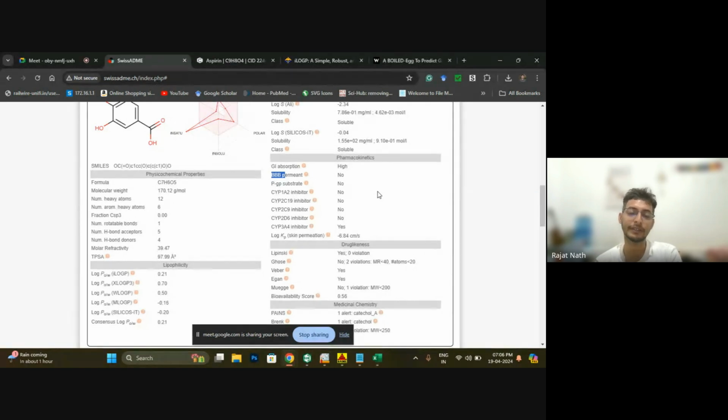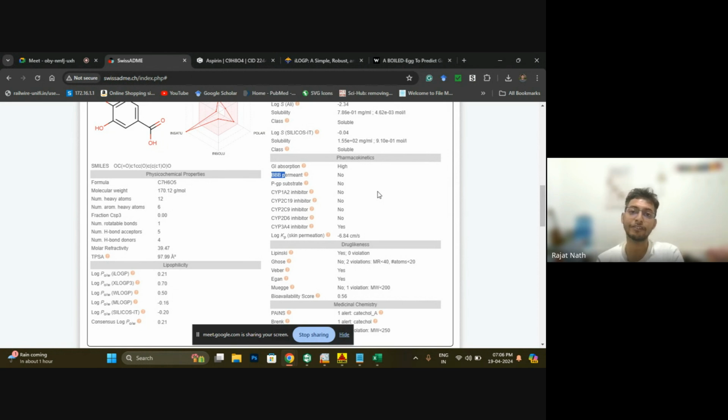If your compound is permeable to the blood-brain barrier and is a PGP substrate, then P-glycoprotein will efflux your compound or ligand from the blood-brain barrier. And if the PGP substrate is no, that means it can't efflux your compound from the blood-brain barrier.